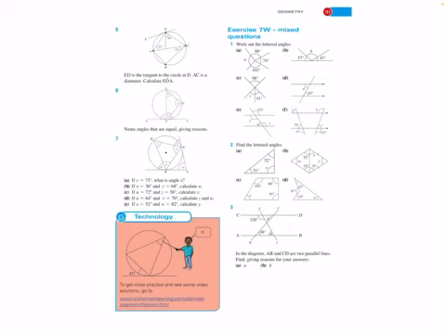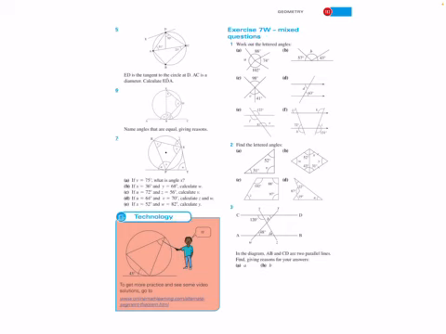Same as here. You see? This is 180. How did they get to here? Subtract these two from 180. Then you get here. Same thing. This is 180. Subtract 123. You are left with 57.